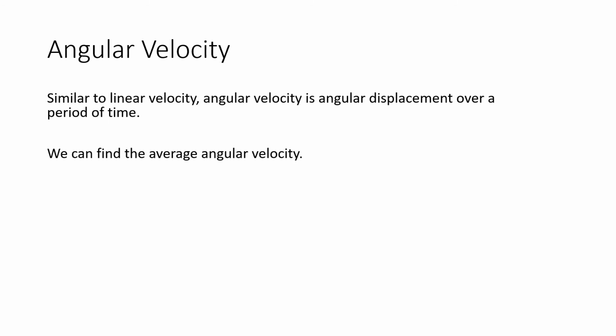Once we understood position and displacement for things moving in lines, we're able to say, okay, it moves this amount in this much time, so we can find the velocity. So that's the same exact thing for angular velocity. We can find the average.